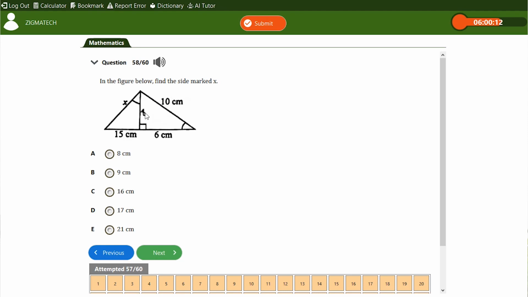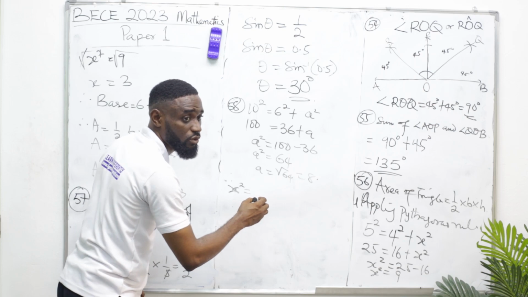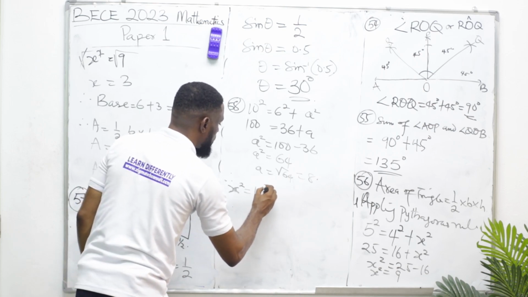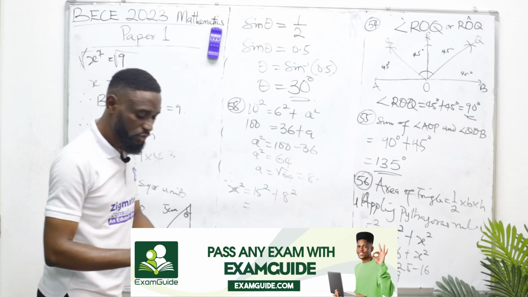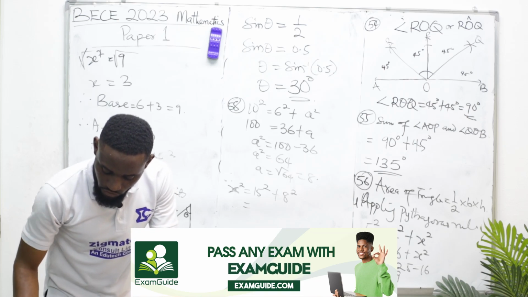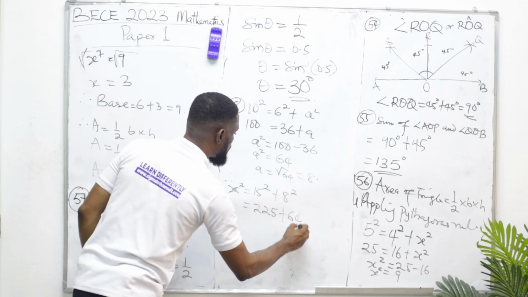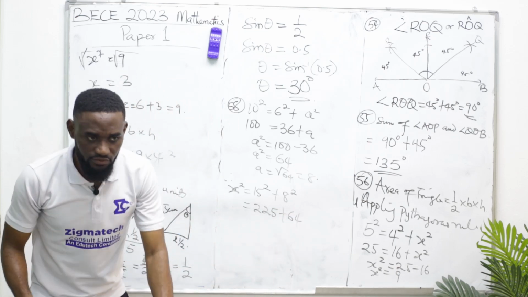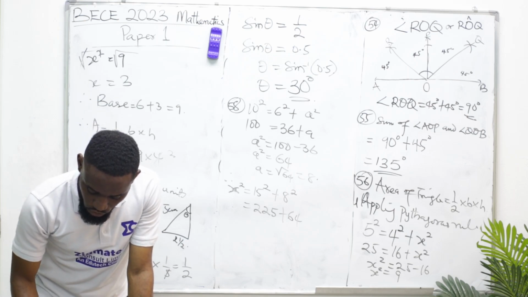So from what we have here now, we can find the value of X, all right? Therefore, applying Pythagoras theorem, X squared is equal to 15 square plus 8 square. 15 times 15 gives 225, so this is 225 plus 64, which equals 289.